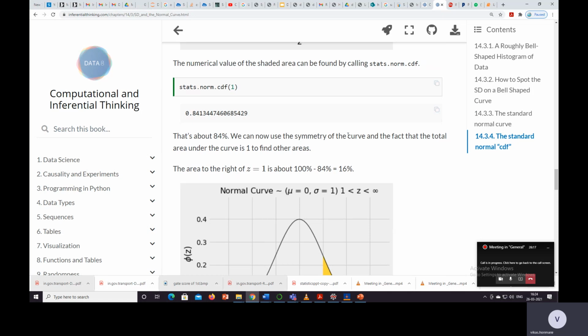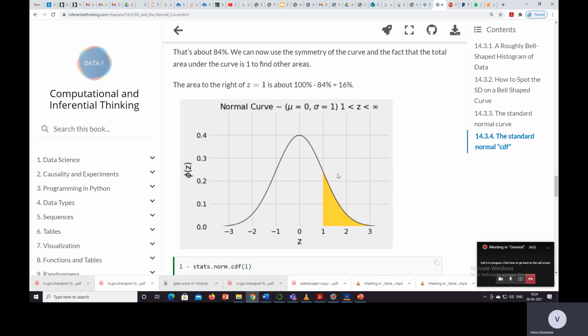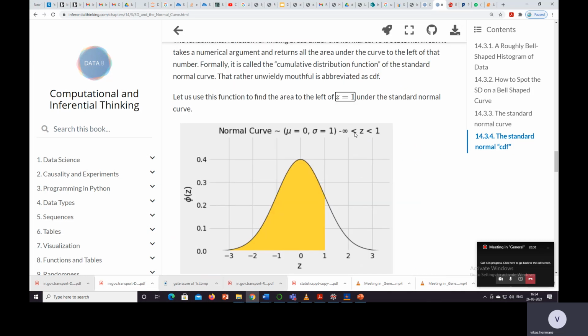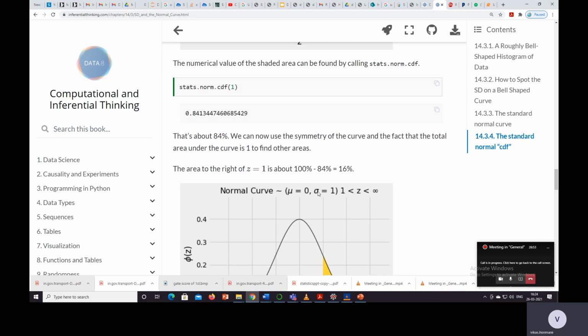We can now use the symmetry of the curve and the fact that the total area under the curve is 1 to find other areas. So the area to the right of z equal to 1 is 100% minus 84%, which is 16%. In the exam, you may get a question like minus infinity less than z less than 1, which means find the area to the left of 1.